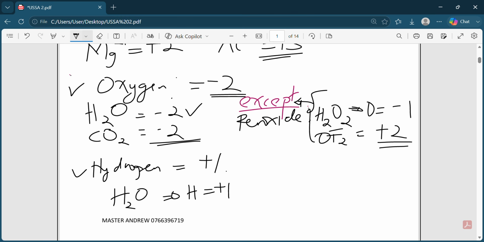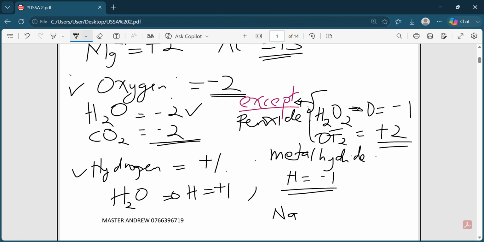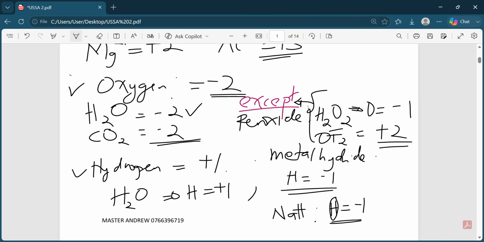But if we are considering it in a metal hydride, hydrogen will now have an oxidation state of -1. For example, in sodium hydride, we shall always have hydrogen having its oxidation state as -1.